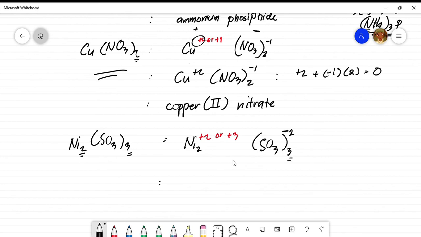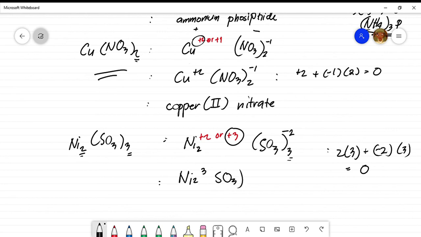So we should have negative 6, and so we should have positive 6 on the cation element. So let's choose positive 3. So we have 2 times 3 plus negative 2 times 3. This is 0. So then we will have Ni2(SO3)3, with the charges +3 and -2.